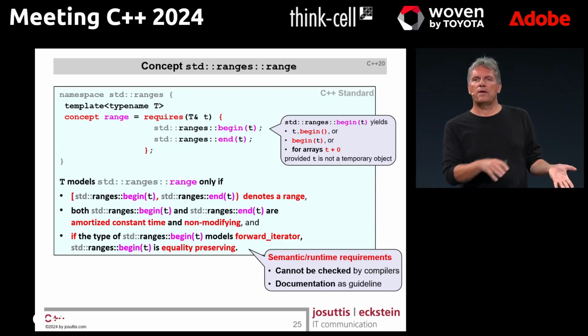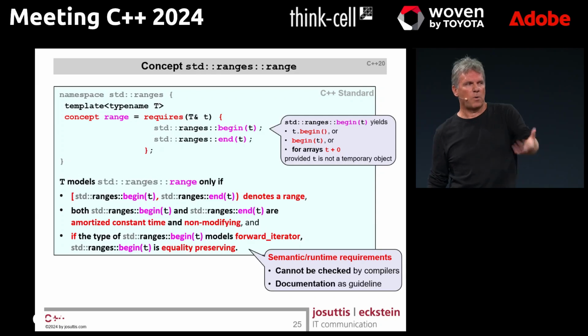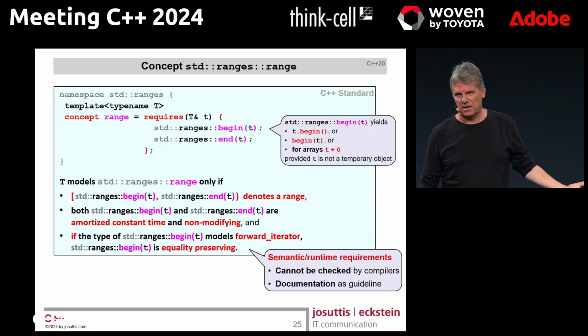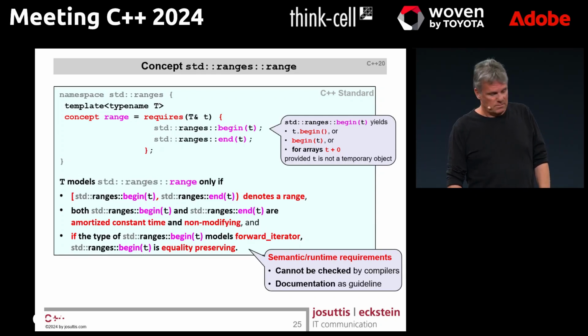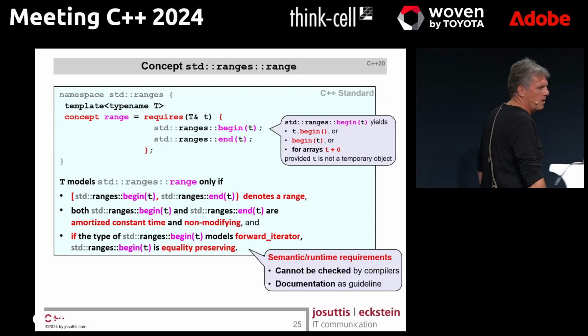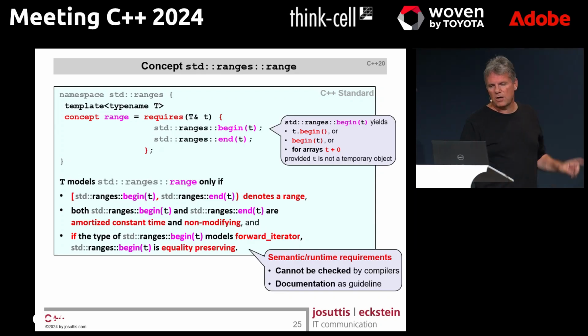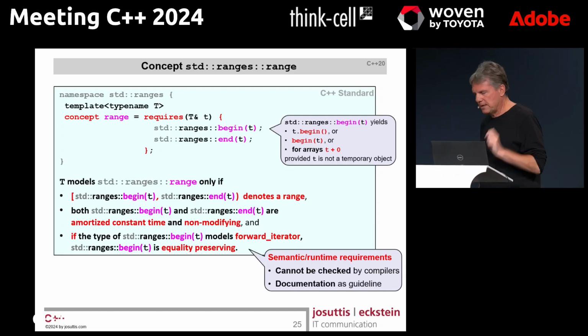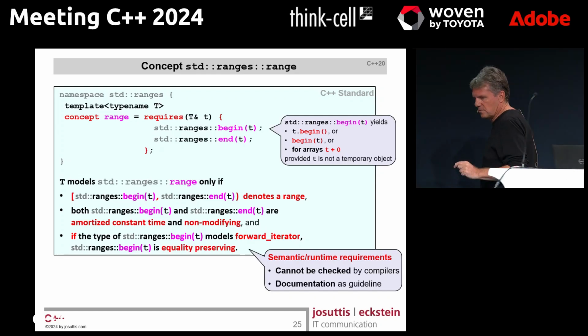And in another way, that if somebody says, I require a range, I can assume that this is met. But it's easy to violate this. Okay, so we learned concepts also check runtime and semantic aspects of behavior.